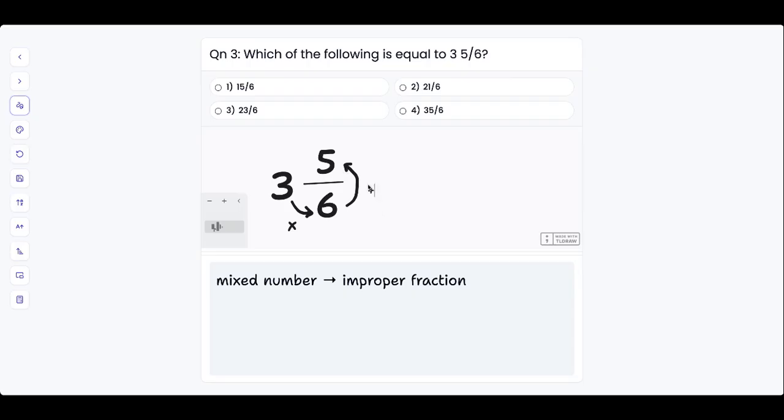So we just plus. In this case, what will this look like?